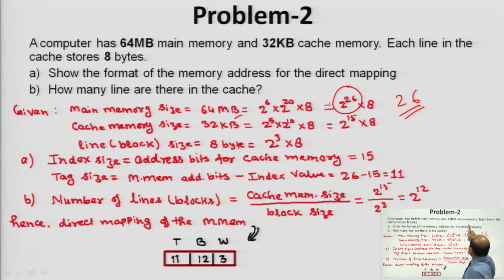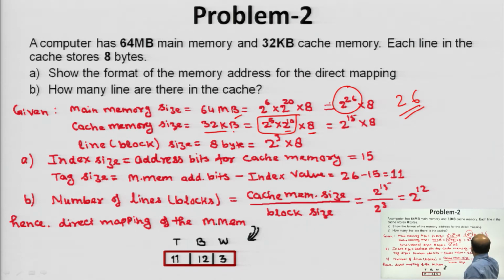The next part says 32 KB is the size of the cache memory. Cache memory size 32K means 2 to the power 5 multiplied by 2 to the power 10, and byte means there are 8 bits in each word. So, we have to consider the left portion of this cross. This cross means we have to consider only the address part of this memory word.